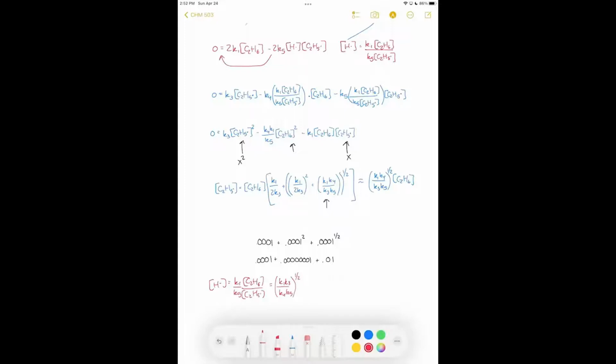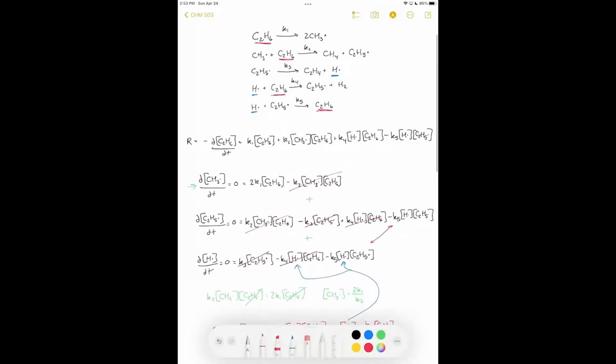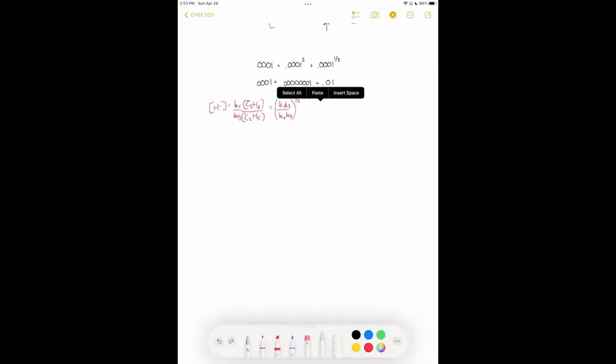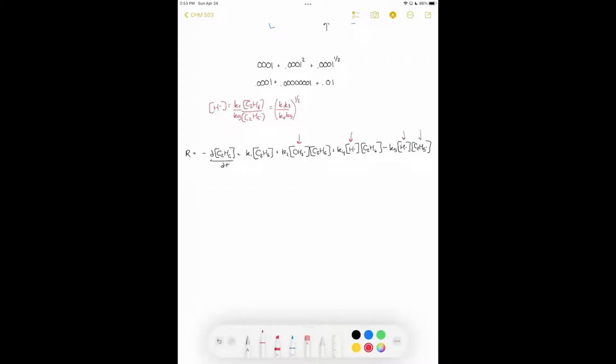Plugging these all back into the expression for the rate allows us to actually solve for the rate. So what we're going to do is simply take our expression for the rate, this original one. I'll copy it and bring it down. We have now solved for the methyl radical concentration, we've solved for the hydrogen concentration, and we've solved for the C2H5.